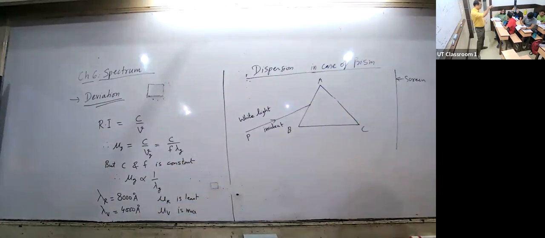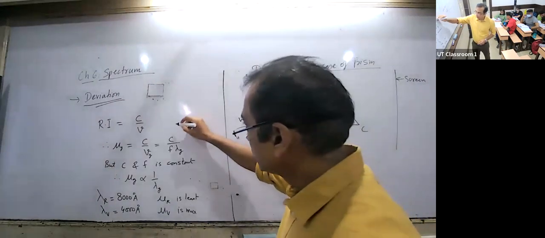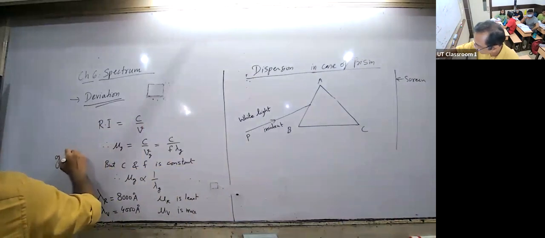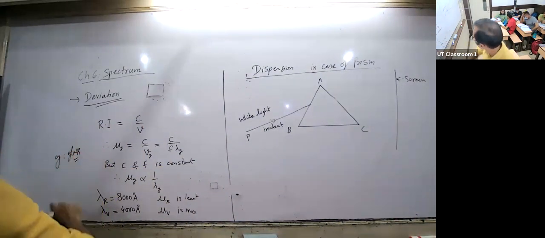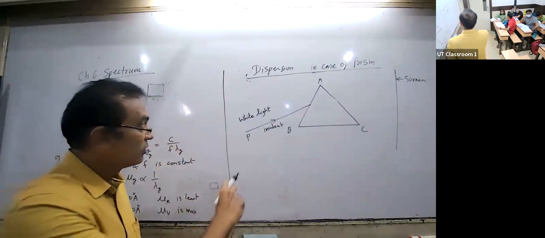Lambda g is the wavelength inside the prism. Lambda g, not green, lambda g, the wavelength in the medium. G is for glass, wavelength in the medium. It's not for color. G is glass. So can I explain now?